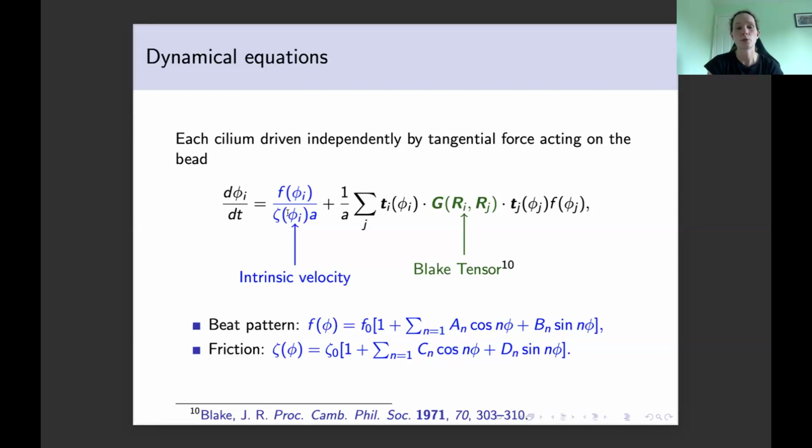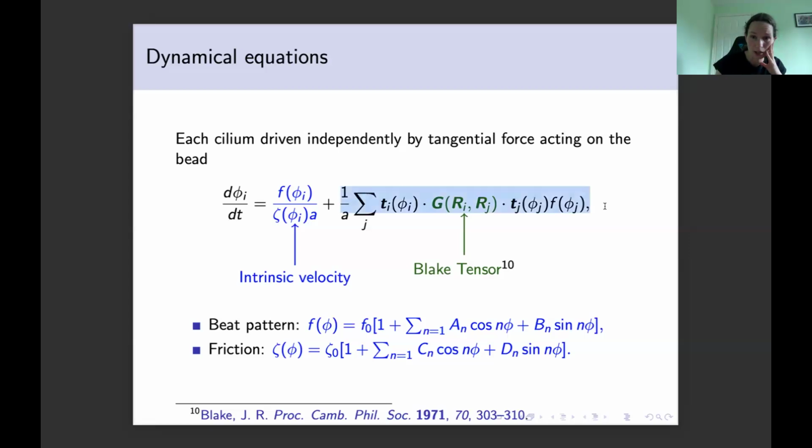And then this zeta, this function in the denominator here, is the frictional force. We make this phase dependent as well, because if you imagine you've got a surface, if you're moving around your rotor, if you're closer to the surface, you might feel a higher drag than if you're further away from the surface. So we include this phase dependence here, and A is the size of this trajectory, the radius of the circle that this bead is moving on. So that somehow represents the amplitude of the cilia beat.